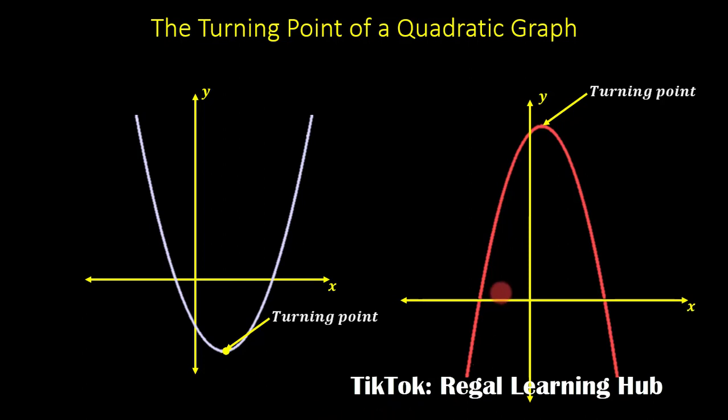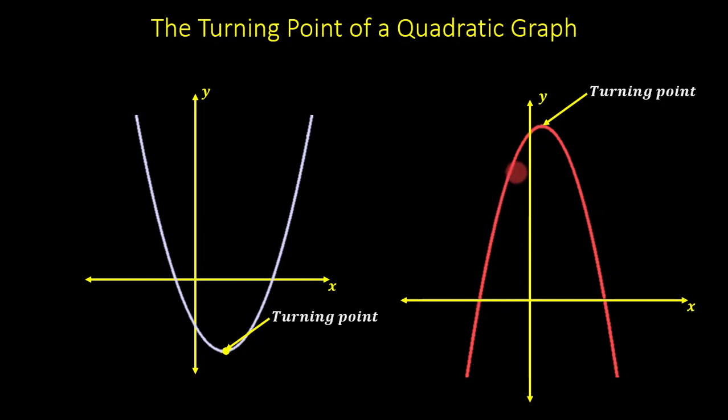Similarly, if you have a similar graph like this one you see here, this one is curved upwards. At this very point, we also call that the turning point. Why?